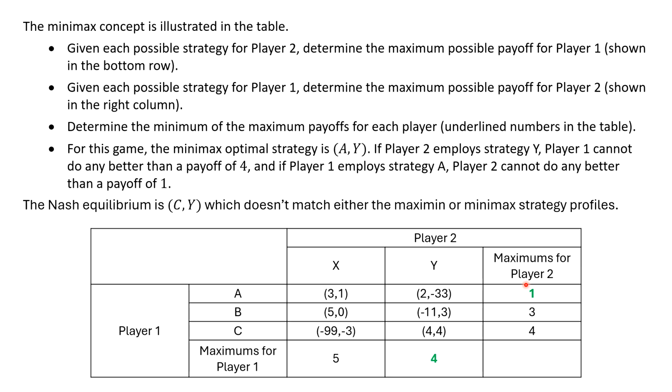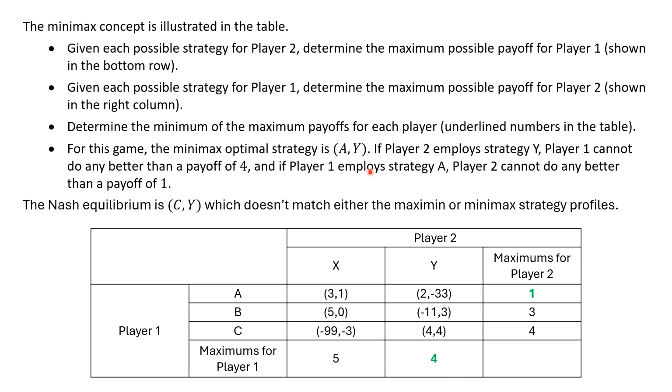So again, we take the minimum of these maxes, we get 1. So for this game, the minimax optimal solution is AY, right? It's here and here, so it's 2, -33. If player 2 employs strategy Y, player 1 cannot do any better than a payoff of 4.